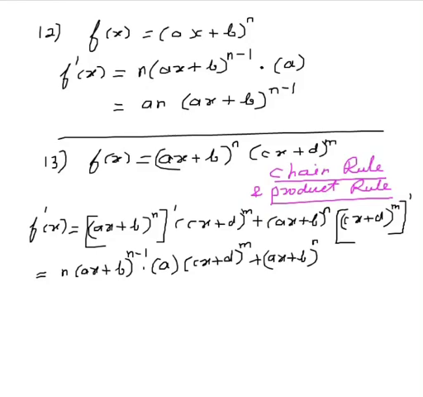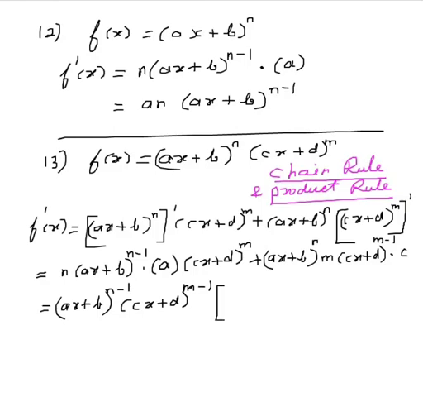Let's apply chain rule here. m into cx plus d whole raised to m minus 1. Then the base has to be differentiated. c into 1 plus 0, which is c. Let us take out the common factors. We have ax plus b whole raised to n minus 1 common and cx plus d whole raised to m minus 1 is also common.